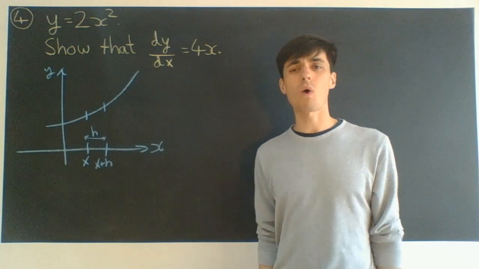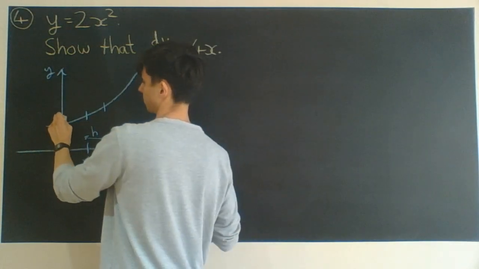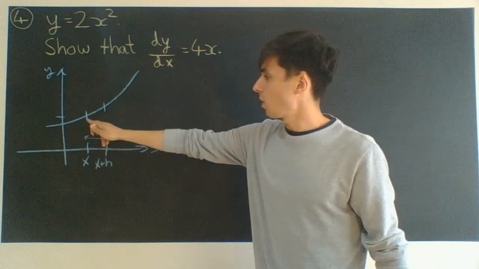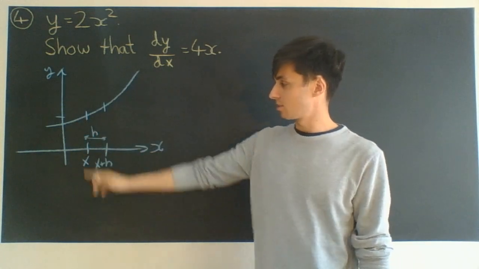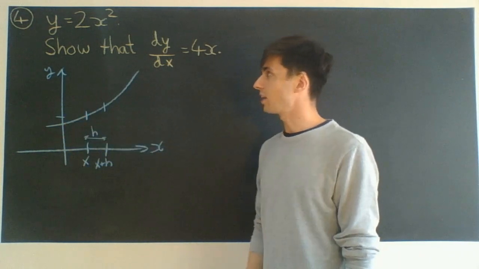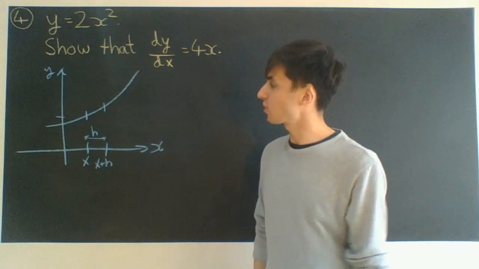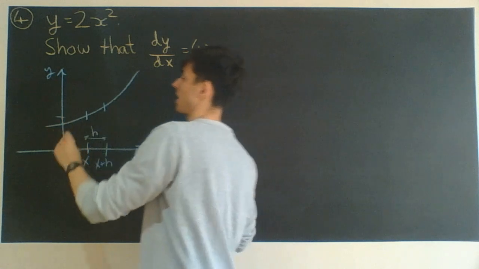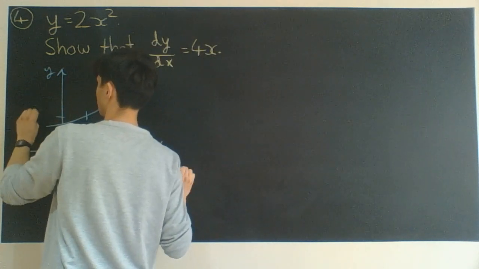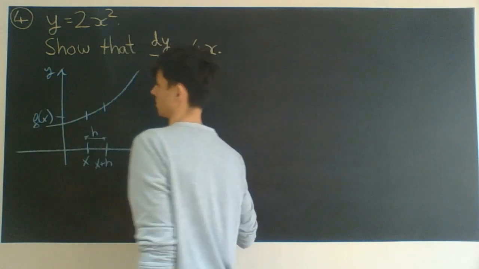Now let's think about the y values here. Well, if this was x, then the y just has to be f of x. Right, whatever the function of x is, that's what comes out on the y value. So here we've got f of x.